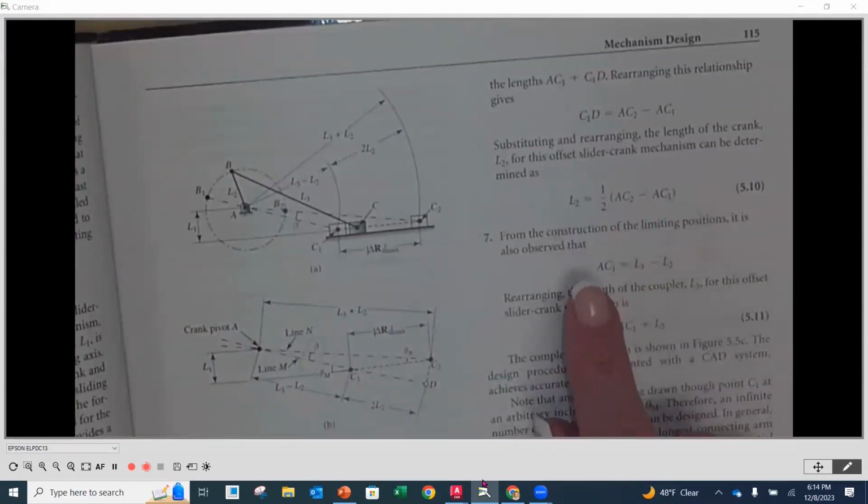And then the same thing for my L3: I'll take 25 plus that number, and that's going to be my 75 millimeters.